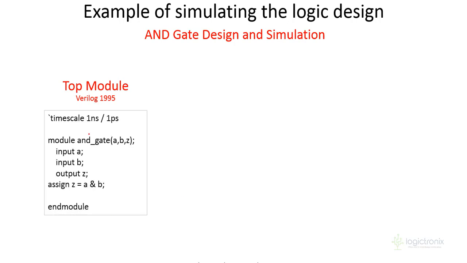In the top module, or the main program of Verilog, the first line is `timescale 1 nanosecond / 1 picosecond. This statement defines the timing behavior of the code, the timing directive.